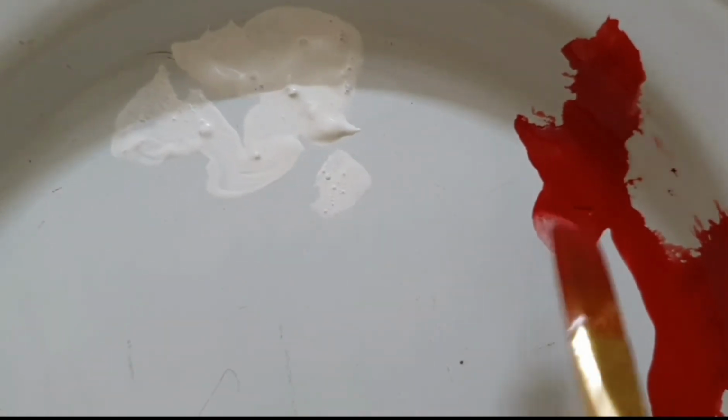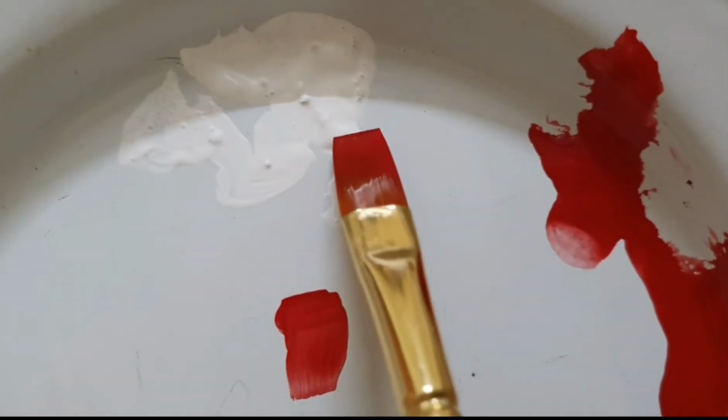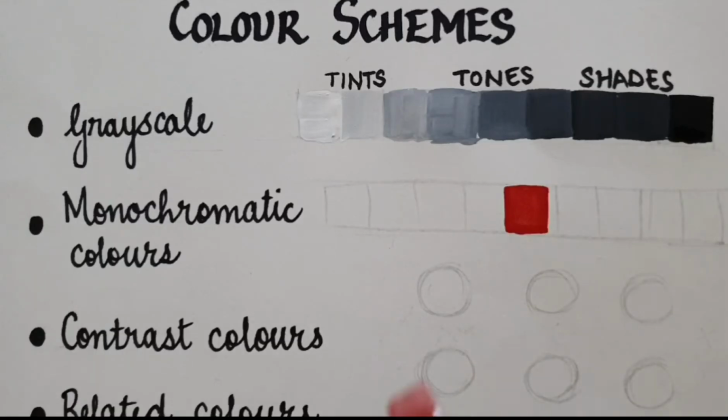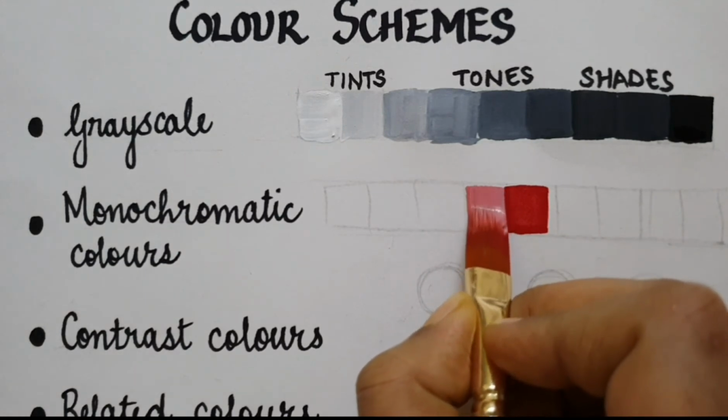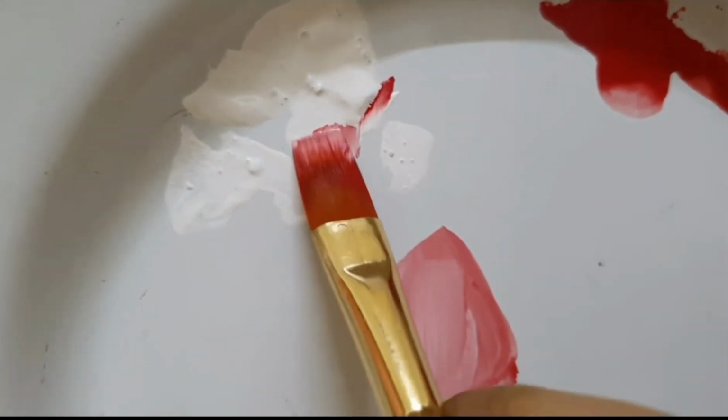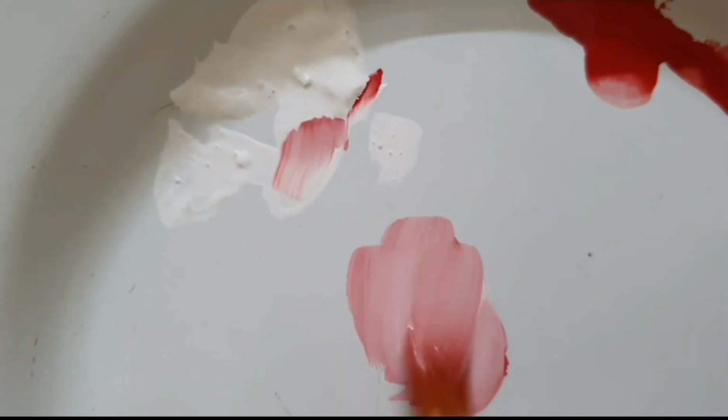I'm going to mix a little red with white and make just one shade slightly lighter and apply this over here just next to the red. I'll keep on adding more and more white to make this red shade lighter and lighter.